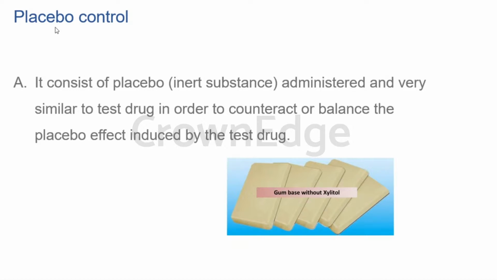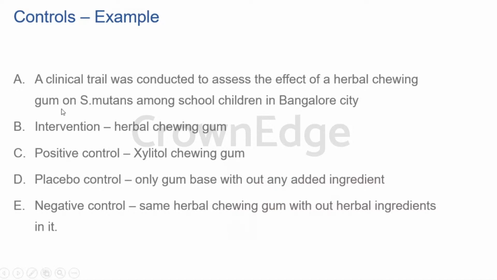Then when you use a placebo you can use multivitamins as your control, because that drug is not going to significantly affect your study results, but it will look the same. You can make it look the same as your drug in your study. So these are examples of a few controls.